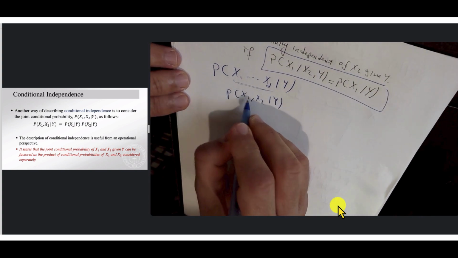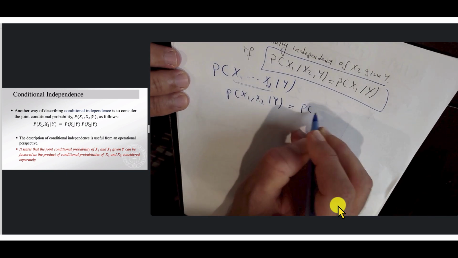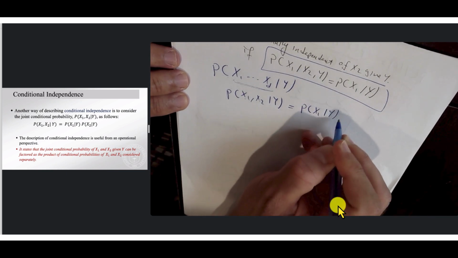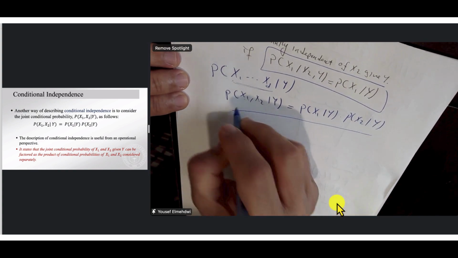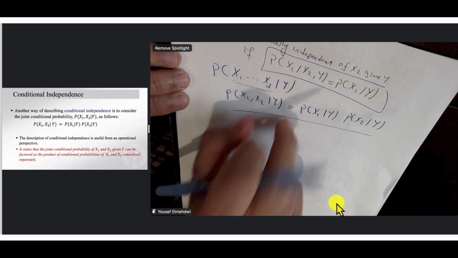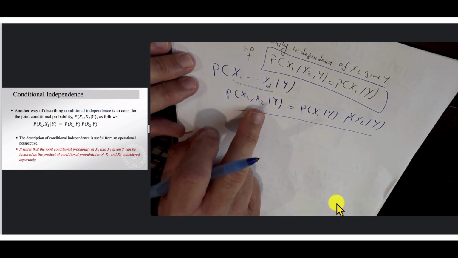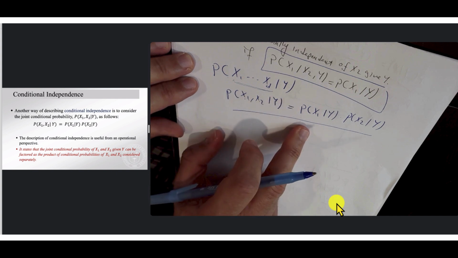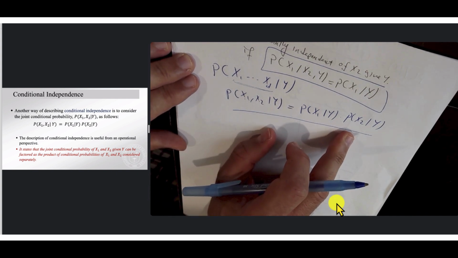The probability of x1, x2 given y is going to equal the probability of x1 given y times the probability of x2 given y. And we can prove it using this. If we are given this one, we can write it easily.